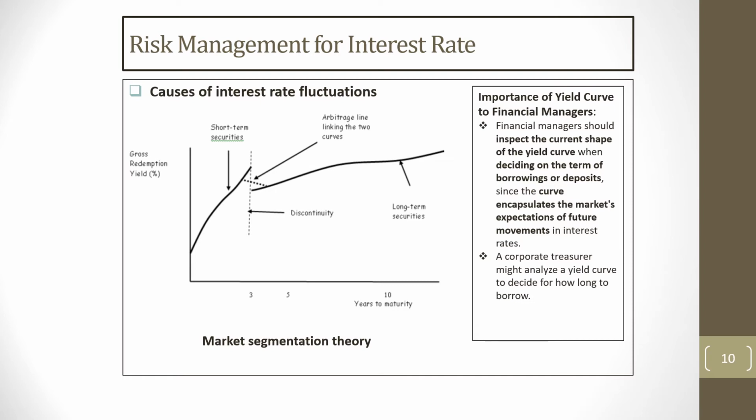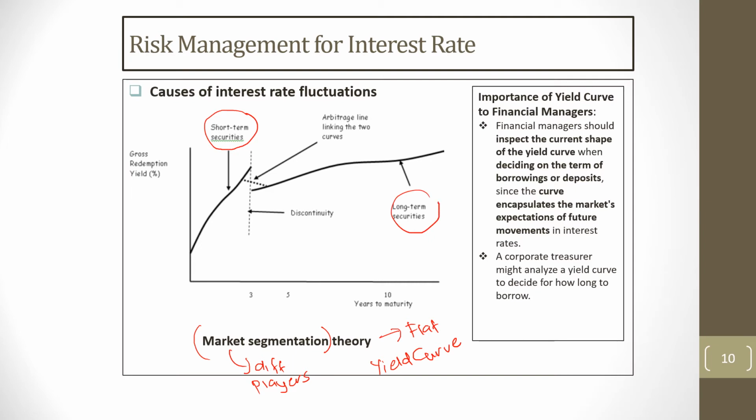So with the market segmentation theory we have learned, there are two types of securities in one curve. So this is the flat yield curve. What does it mean? Under market segmentation theory, there are many different players. In this market segment, there are players in short-term securities and long-term securities.